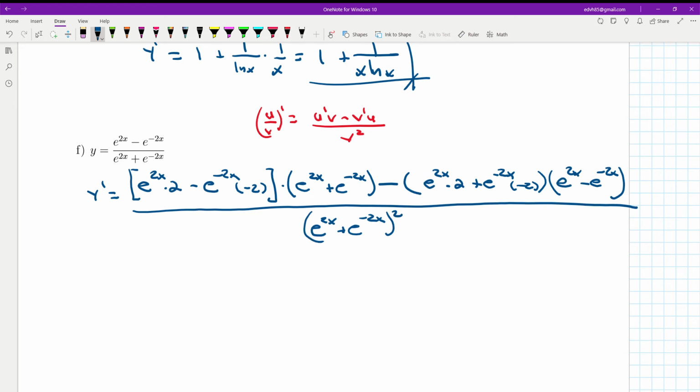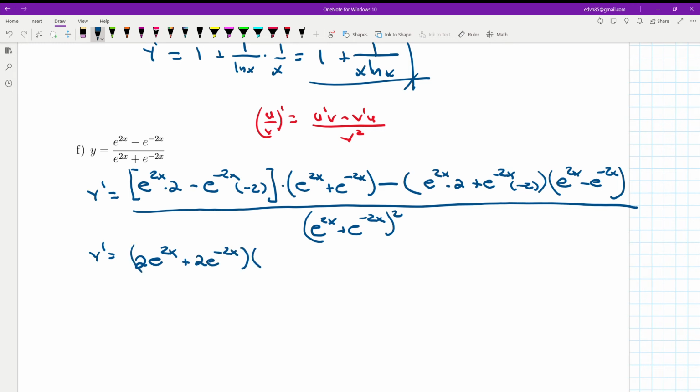So let's simplify all this. First of all, let me clean up some parentheses and rewrite some coefficients in front of the exponentials. That will be y prime equals 2e to the 2x, and then minus times that minus, that's going to be a plus 2e to the negative 2x.